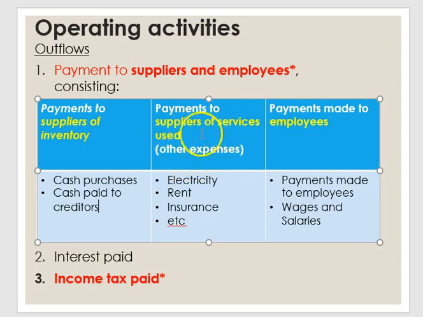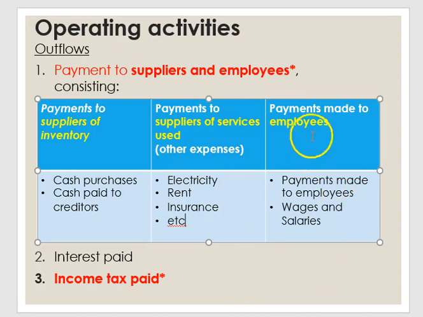We will look at what are the services that we have used throughout that year. Sometimes we have paid some cash for electricity, some money for rental, some money for insurance and etc. All the cash that we have paid for the services that we have used, we have to record under payments to suppliers and employees as well.